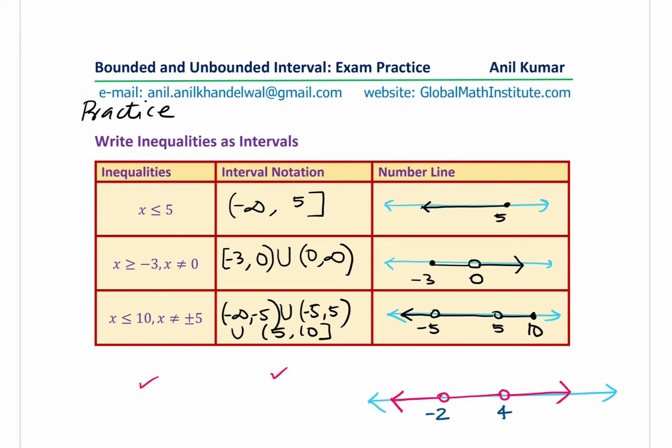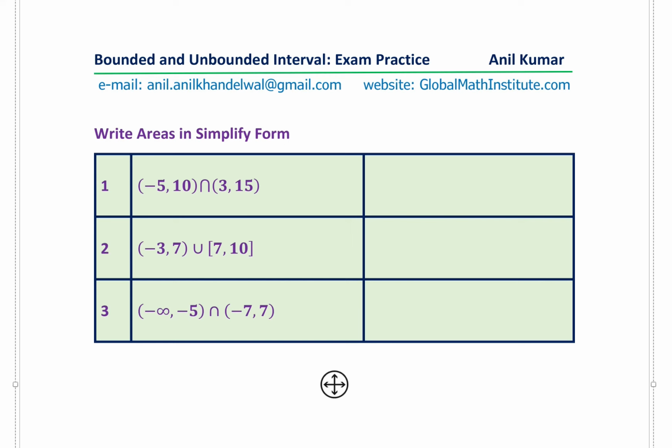Now let's take the next question here, which is to write it in simplified form. In this particular case, we have given you a mixed kind of interval. Normally, it should not be written like this. We have to always simplify and write our answer.